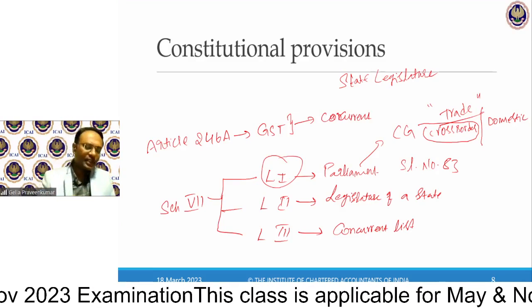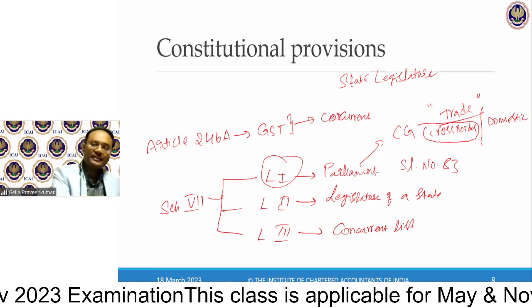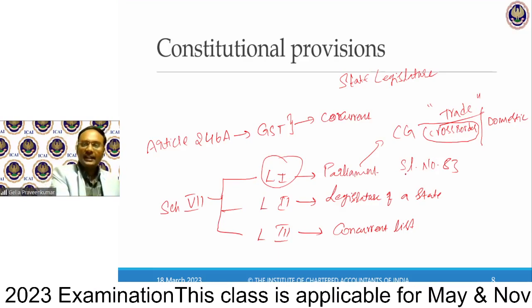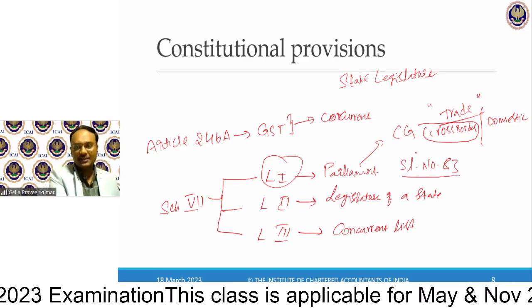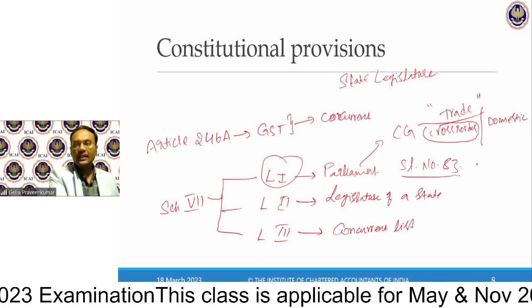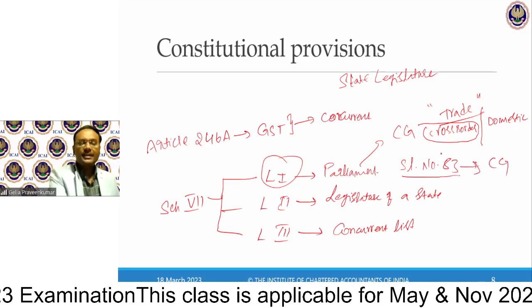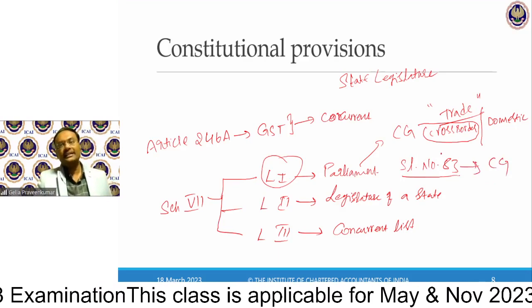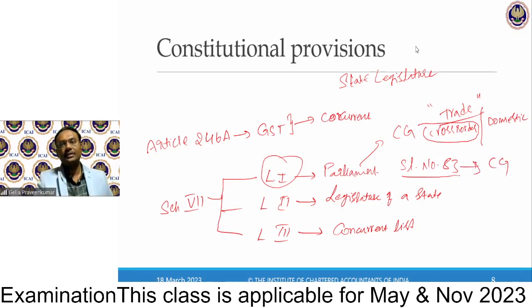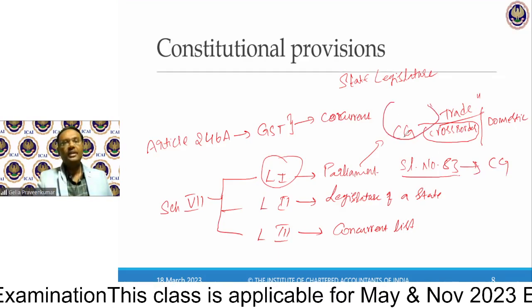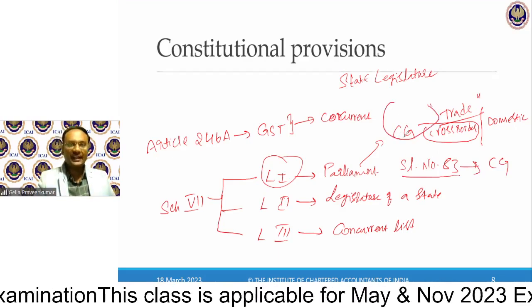So as of today, Mansa, we have entry number 83 under List 1, which deals with customs duty, which is only in the exclusive zone of the central government. And Article 246A is under the jurisdiction of both state and center.